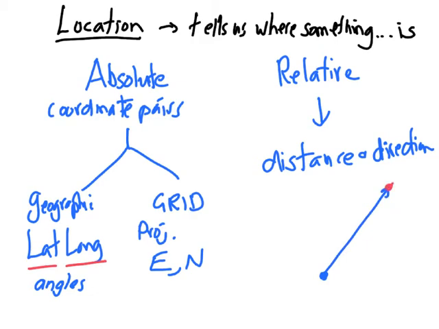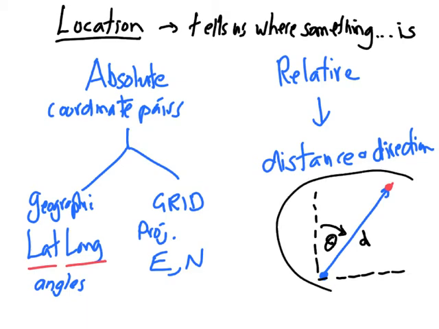So this would be our distance d, and if we're using a compass, for instance, this might be our angle. Okay, let's have a look now and see how we might take a relative location, convert it to an absolute location, which we can then put into our computer.